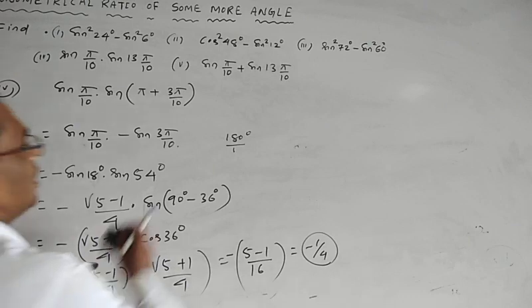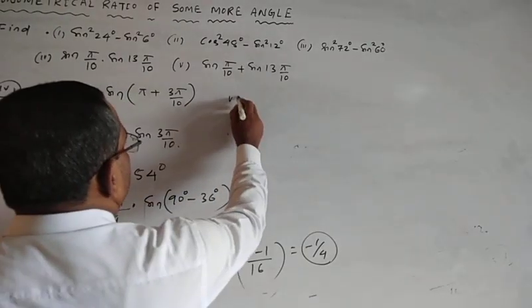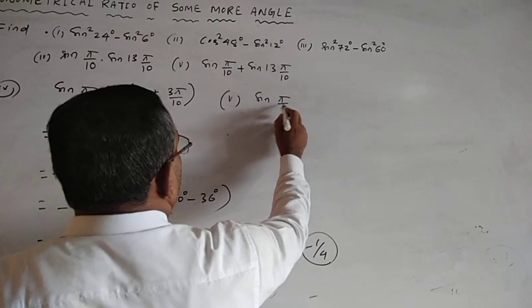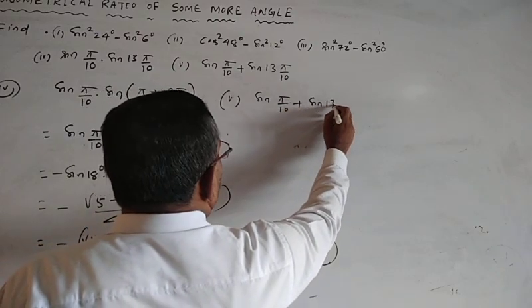And the next one is sin pi by 10 plus sin 13 pi by 10.